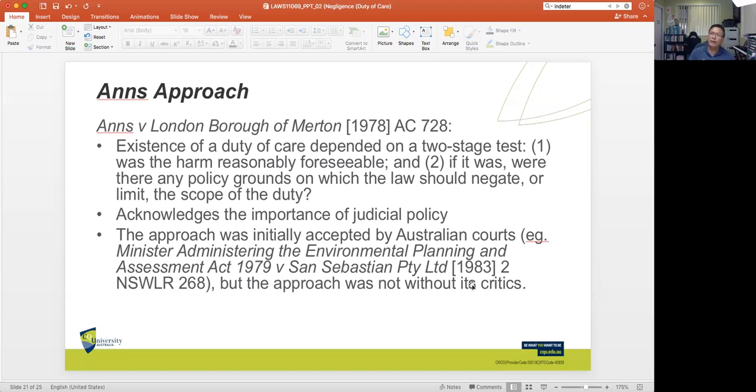And the only way for the local council to ensure that no harm would befall certain individuals would be to plug these gaps. But in doing so, where would the funding come from?